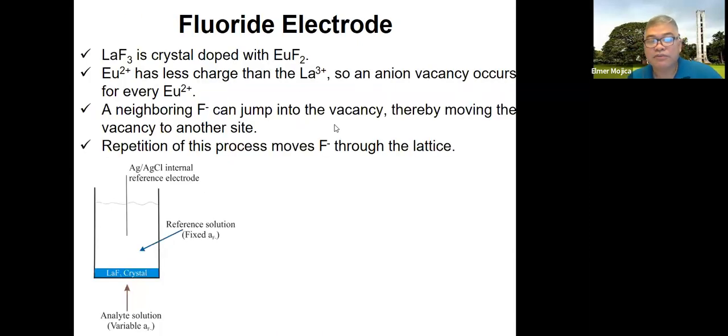A neighboring fluoride ion can jump into this vacancy, thereby moving the vacancy to another site. The repetition of this process moves the fluoride through the lattice.